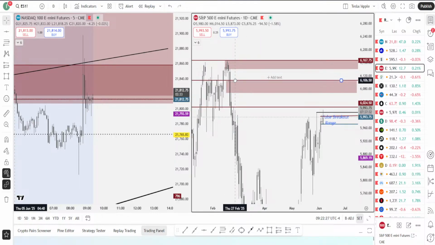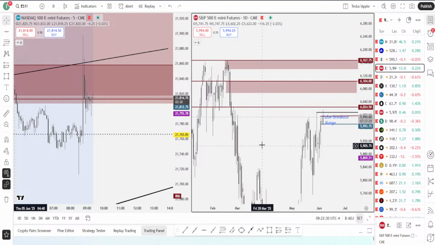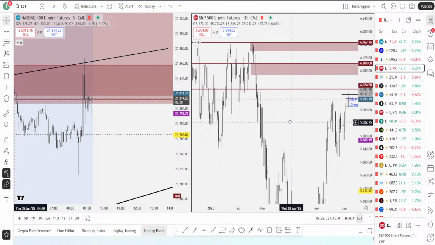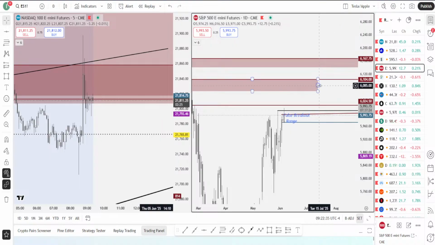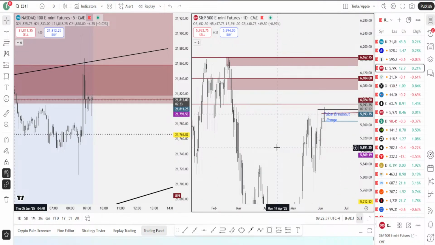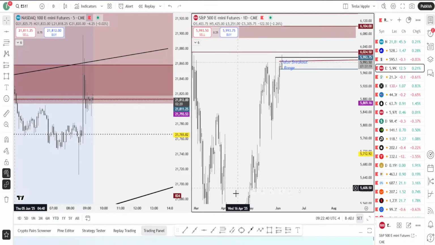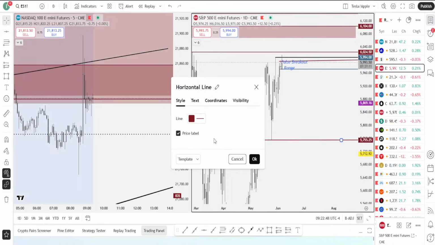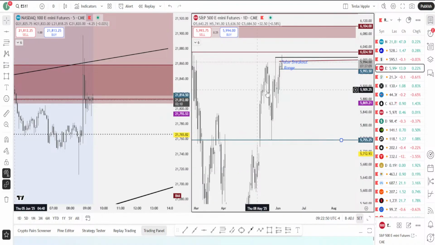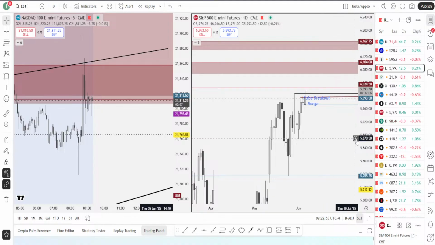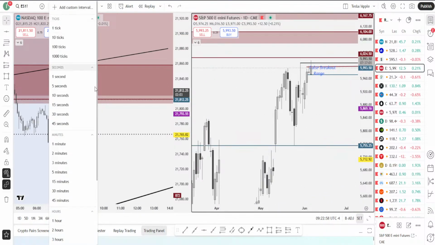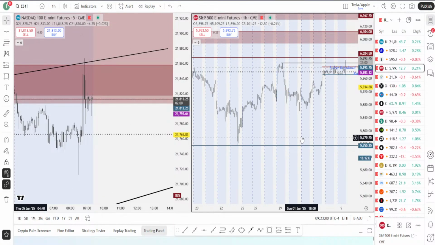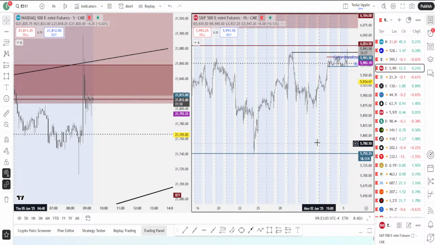And let's bring this down actually a little bit here. All right, beautiful. Let's go ahead and mark this low as support. And now let's go down to the hourly, and then let's mark our trend.